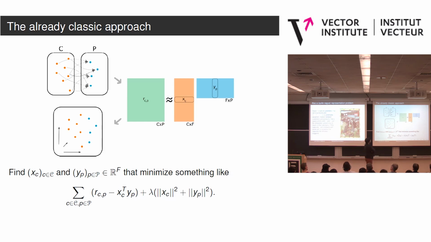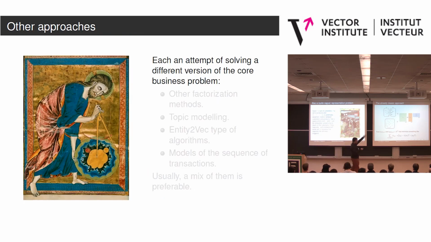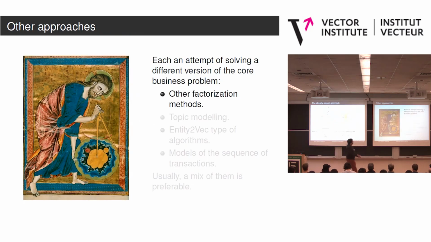We are not trying to do some imputation process here. What we want to do is to guess the affinity between products and customers, whatever that means, with very little information. So you do something like this, and it becomes more complicated.